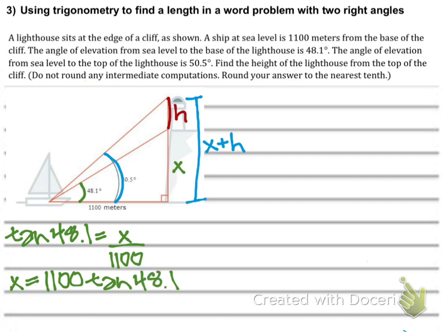Now let's look at the blue guy. So our blue guy would be the tangent of 50.5 is x plus h over 1100.